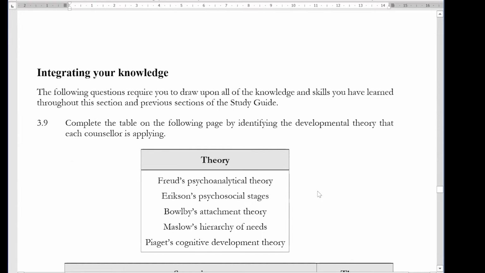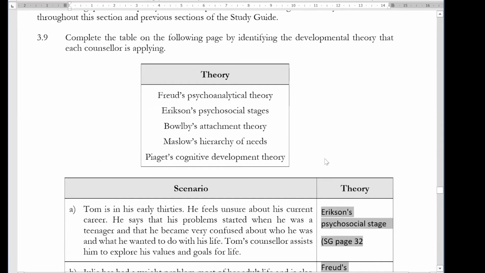Complete the table on the following page by identifying the developmental theory that each counselor is applying. Theory: Freud's psychoanalytical theory, Erikson's psychosocial stages, Bowlby attachment theory, Maslow's hierarchy of needs, Piaget's cognitive development theory.